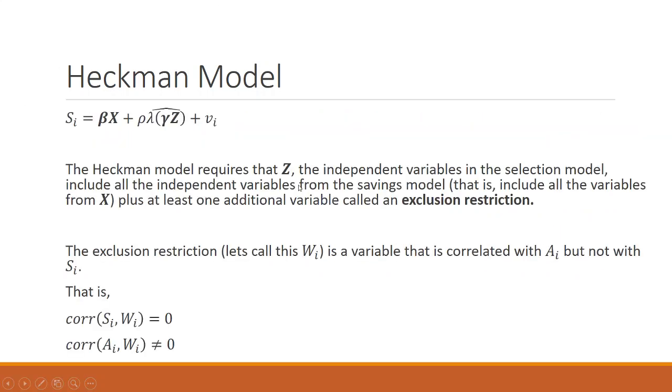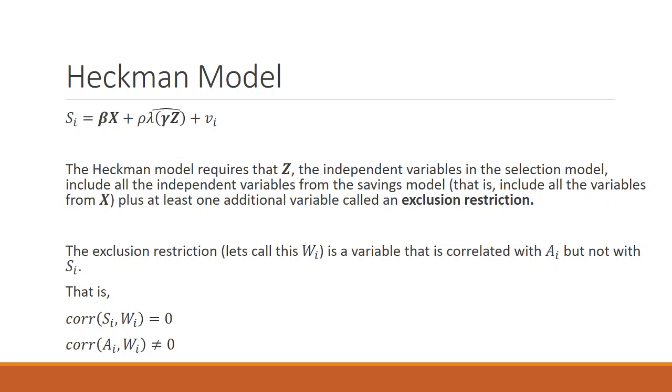The Heckman model requires that z, the independent variables in the selection model, include all the independent variables from the savings model. That is, it includes all the variables from x. So z needs to include all the variables from x plus at least one additional variable.